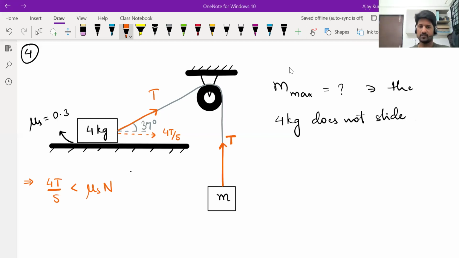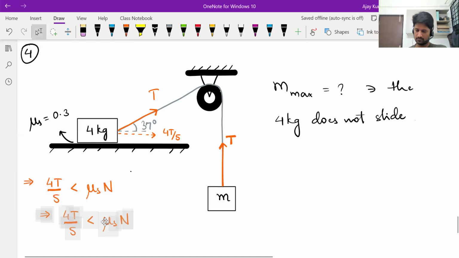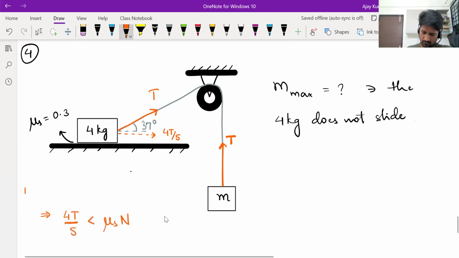Rishi, you tell me the expression for normal force acting on this block. Sir, I'm actually not sure. Okay, tell me what all forces act on the 4 kg block.